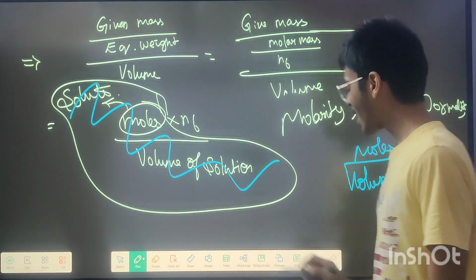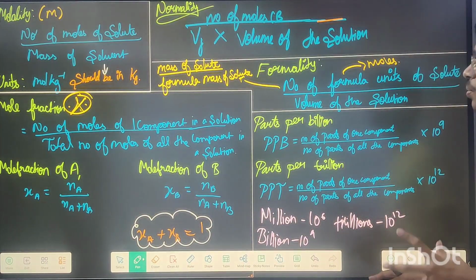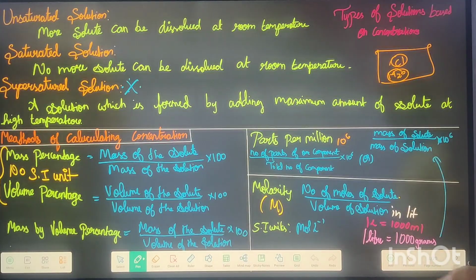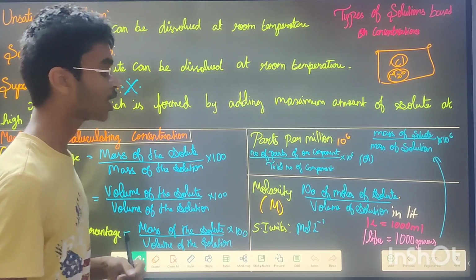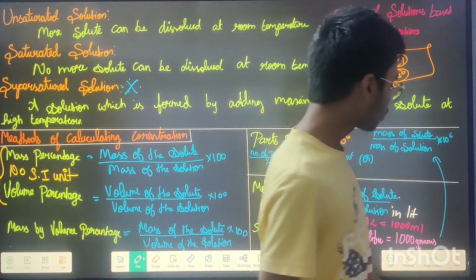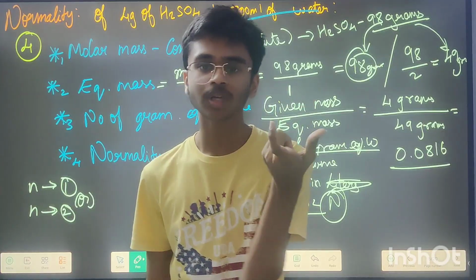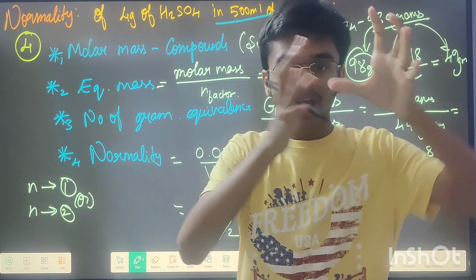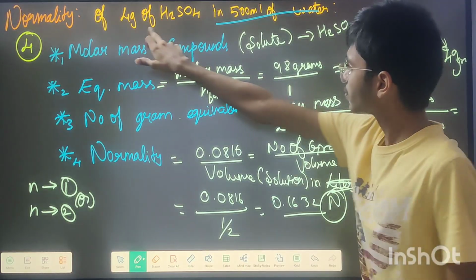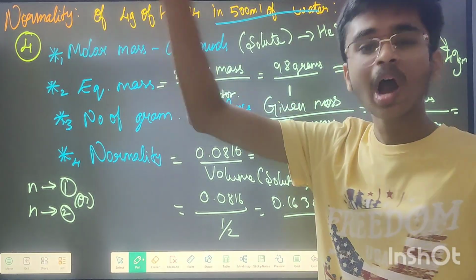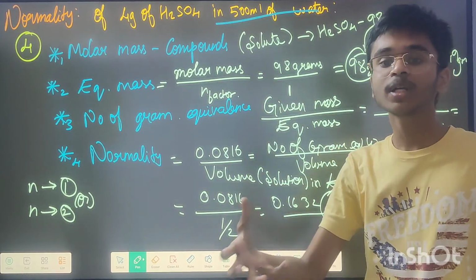I'll give you a little hint. Molarity is finding the total concentration of solute with respect to the solution, whereas in the case of normality you are finding the concentration of the reacting amount. In this total amount of 4 grams of H2SO4, how much of the H2SO4 can react with respect to the total solution.